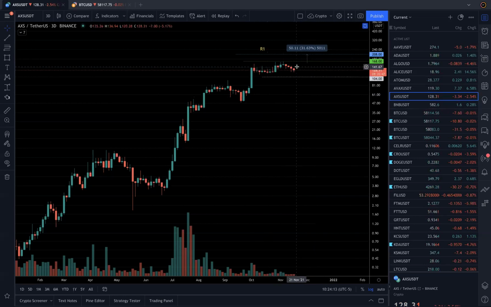This is consolidation. You have to identify whether an asset or coin is consolidating, or in an uptrend or downtrend. There are three phases of any asset, not just crypto: uptrend, sideways, which is consolidation, and then downtrend. And it varies whether you track a 3-day, 1-week, or 1-month time frame.